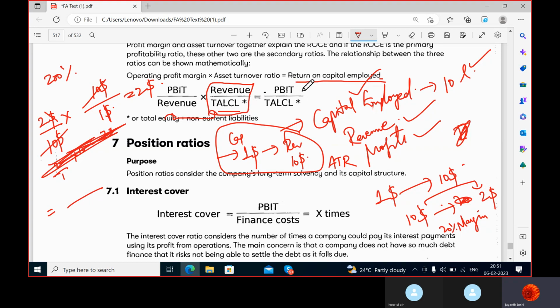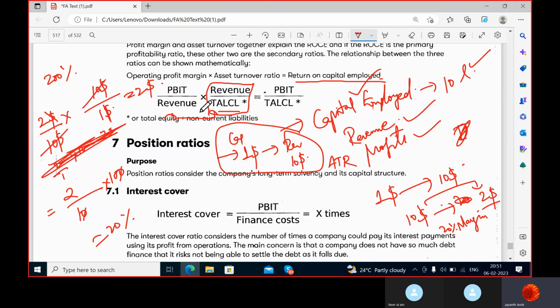If I take the right hand side, RHS, what is my PBIT? $2. Correct or wrong? And what is my capital employed? $1. And if I take 100 here, then I get 200%.